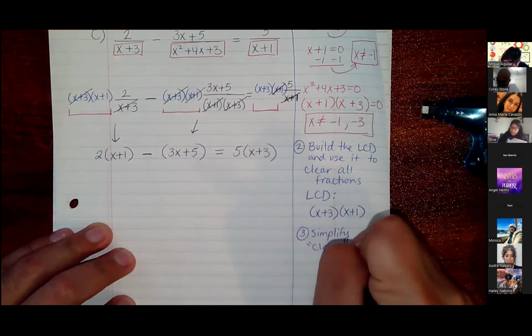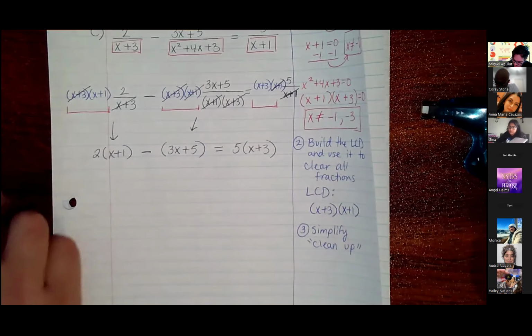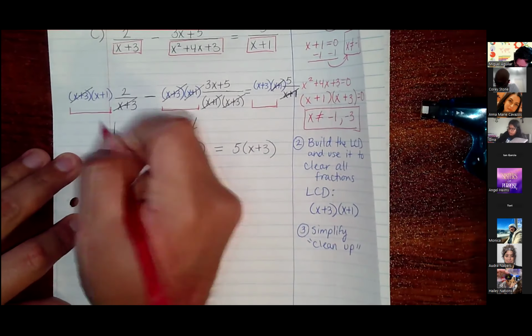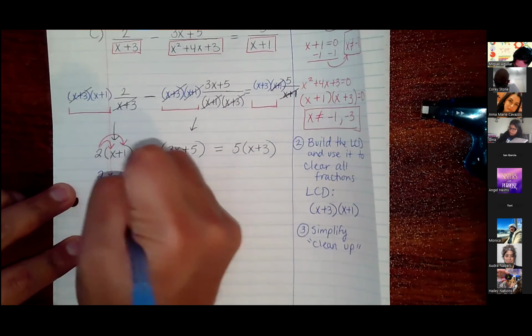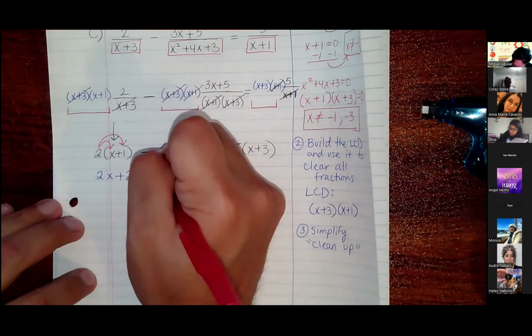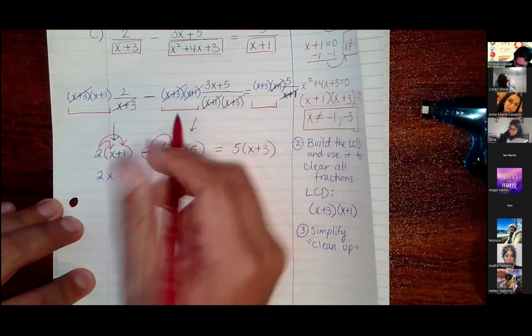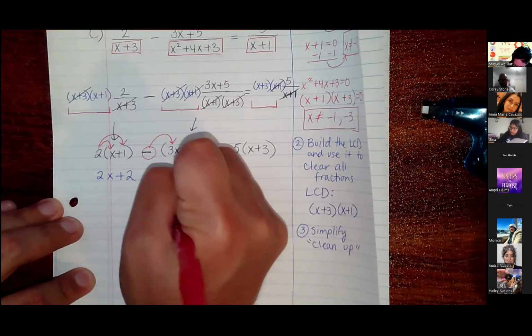or clean up, which means I need to distribute anything I can distribute and then combine like terms. So 2 times x and 2 times 1 is going to give me 2x plus 2. Then I have a negative times 3x, so that's going to be a negative 3x.